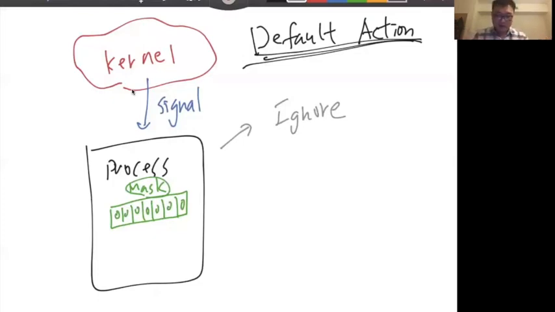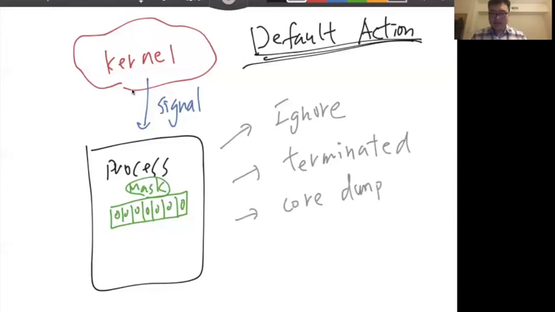Another one is terminate, which means the program should be terminated. For example, when the user uses Control C to terminate the program, the program receives a SIGINT, and it will terminate by default if you don't block it. Another one is core dump, which is very similar to terminate because the program also gets terminated.